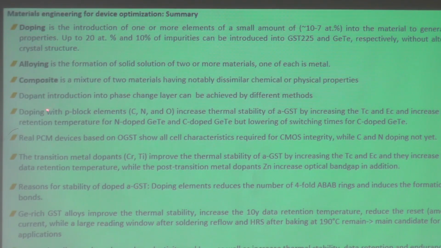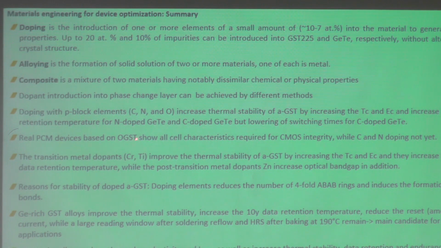Dopant introduction into the phase change layer can be achieved by different methods. We considered these elements, p-block elements, which increase the thermal stability of amorphous GST, and they also increase data retention for nitrogen-doped and carbon-doped GST, with lower switching currents for carbon-doped GST.